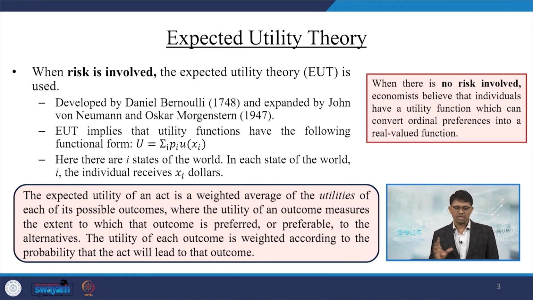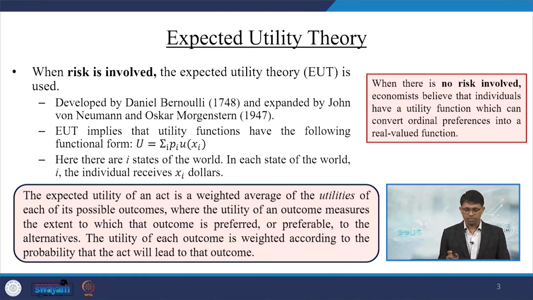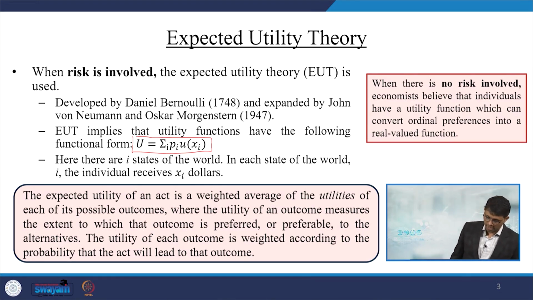This expected utility theory implies that the utility function is U equals the sum of its utilities as a product of their probabilities. So, u(xi) is the utility and pi is the risk or the extent of probabilities. Here i stands for the ith state of the world and the individual receives xi dollars as a return.